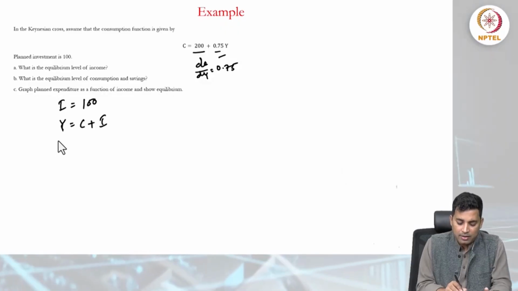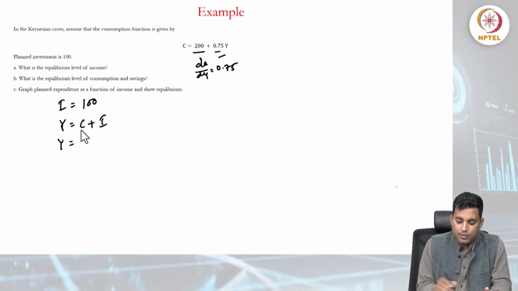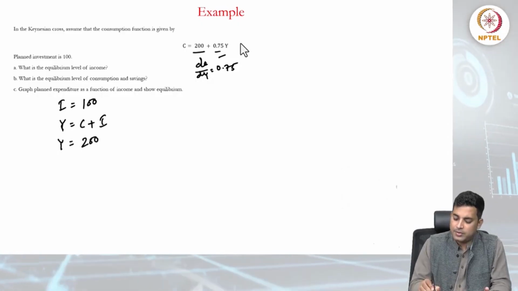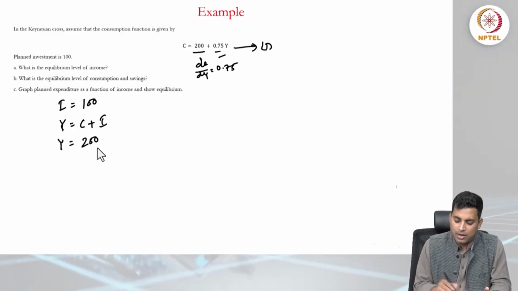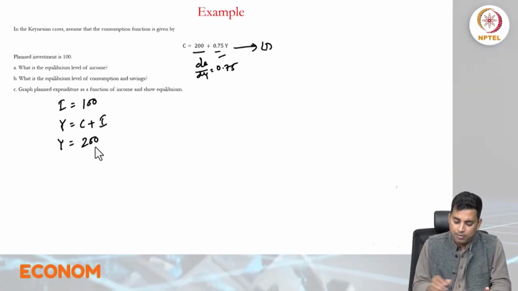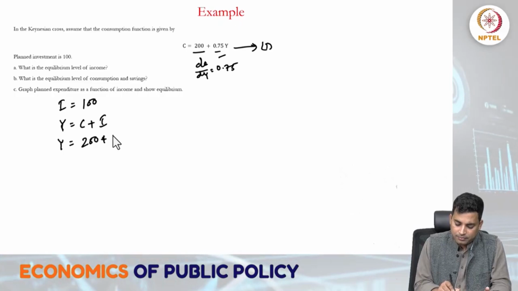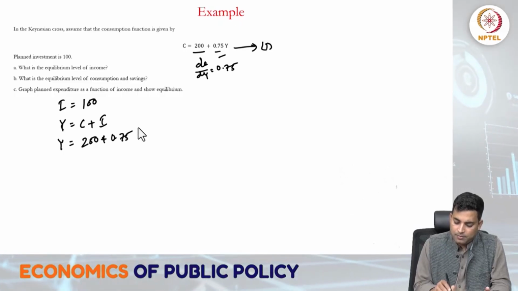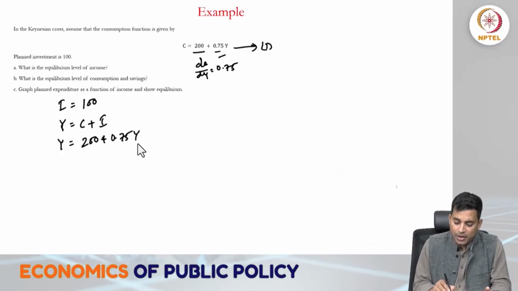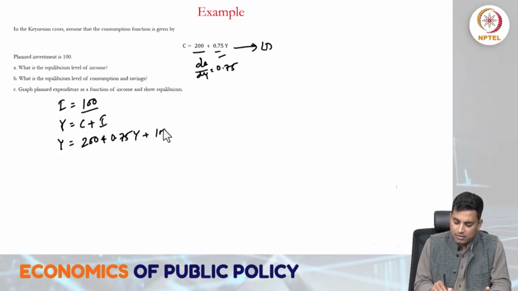From the equation, capital Y equals capital C plus I, and C we already know from equation 1. So we put the value of equation 1 here: 200 plus 0.75Y plus I, which is given as 100.